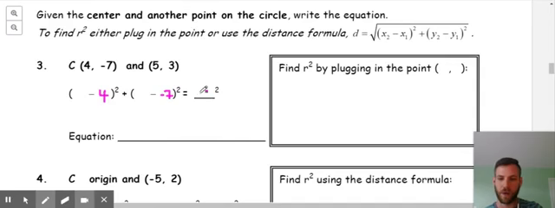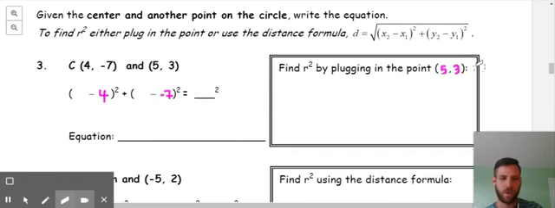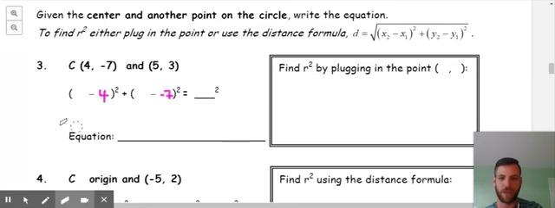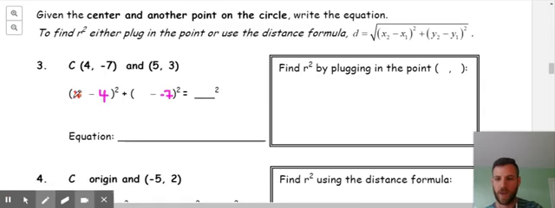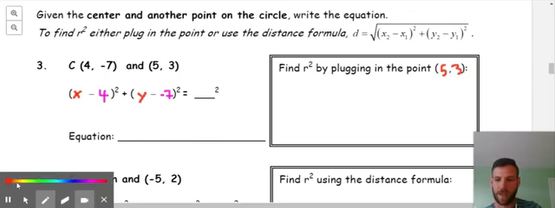We don't know what the r value is, and so we're going to need to plug in the 5 and the 3 into our equation where the x and the y usually go. So if we would have an x and a y, we would have x and then y right there. And we're going to have the 5 and the 3 go into those x's and y's. So let's start writing this out.